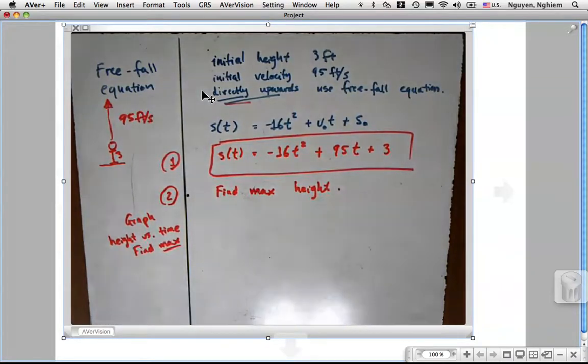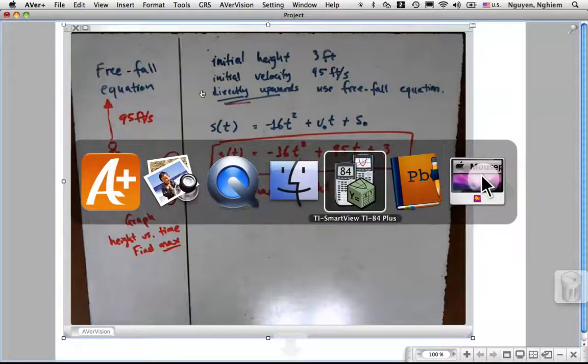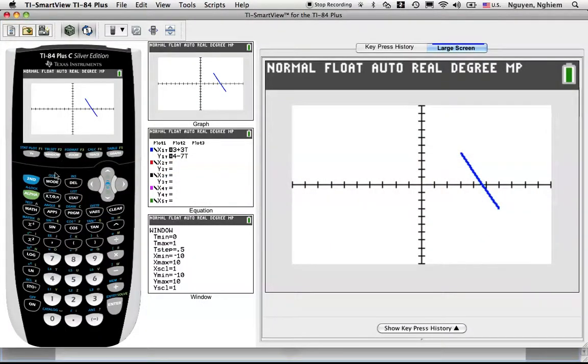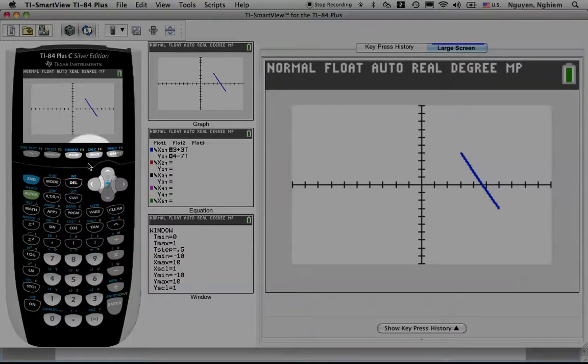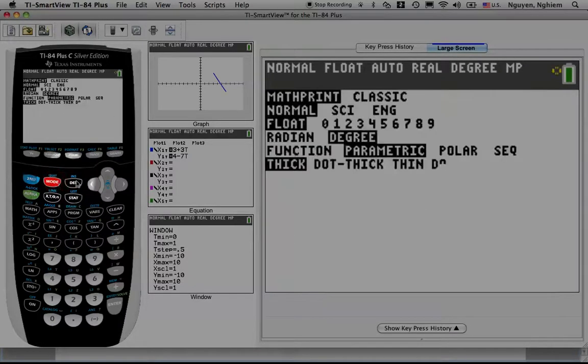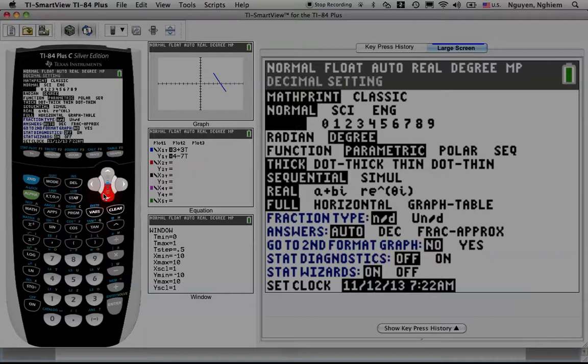To do that, I'm going to fire up my TI-83/84 graphing calculator. Let's go into mode. I've been working in parametric mode for a while here, but let's go back to function mode for a moment.